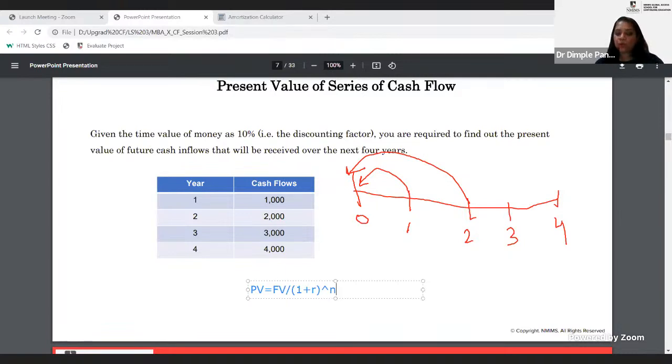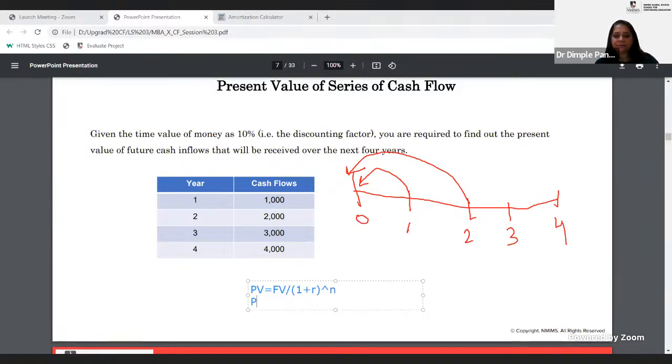How should I do the calculations? The first amount you're receiving is 1,000 rupees. So what is your n in this case, when discounting to the present?